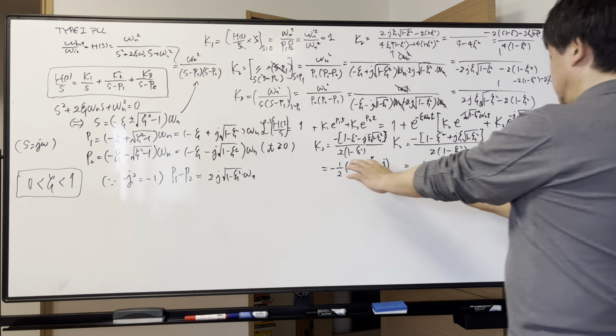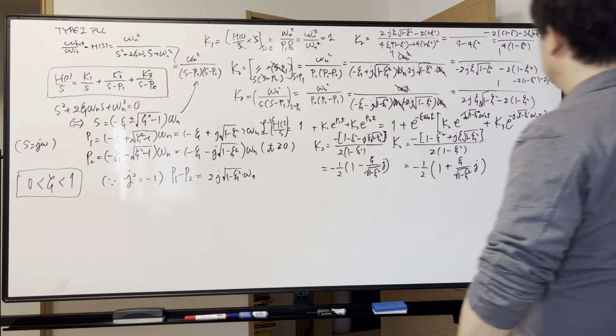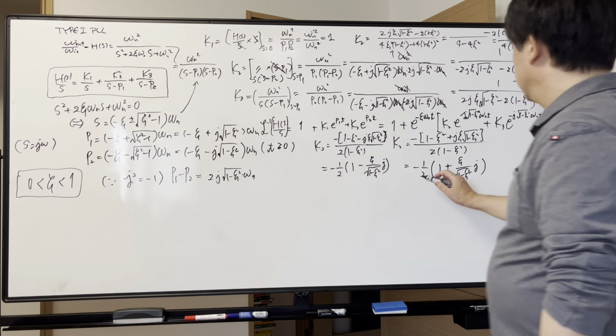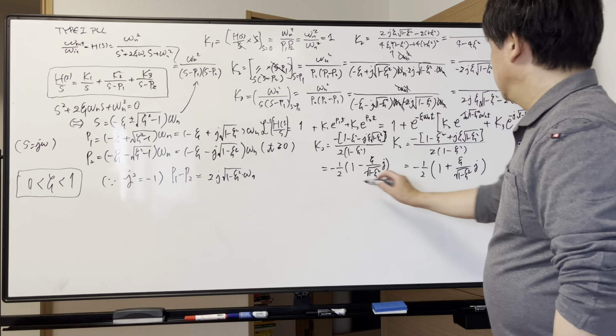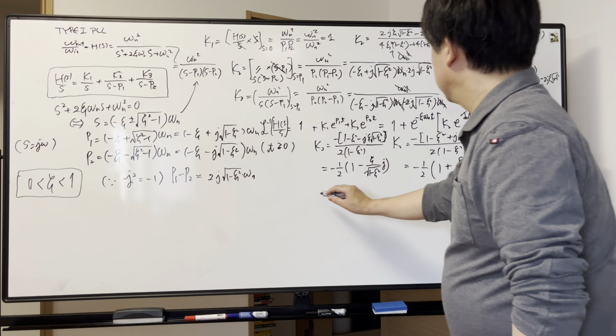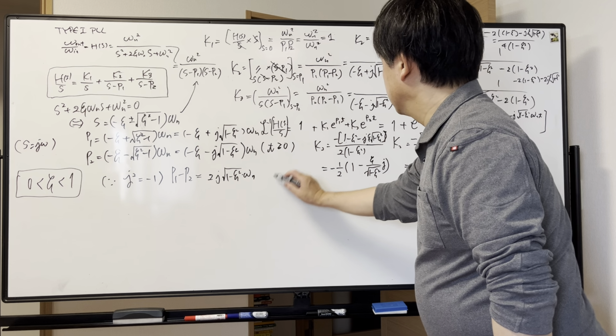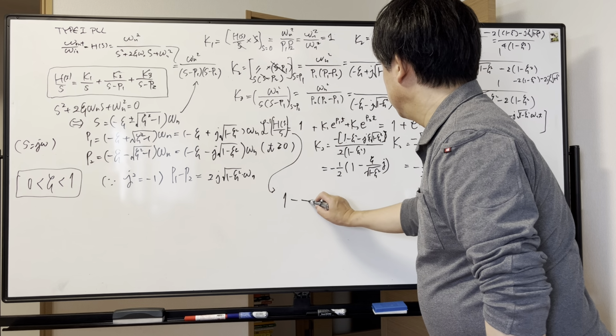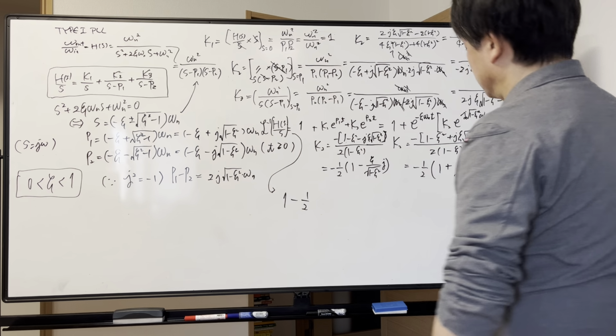So separate the real parts. After separating real parts and factorizing minus half, we can get this one, 1 plus 1 minus half.